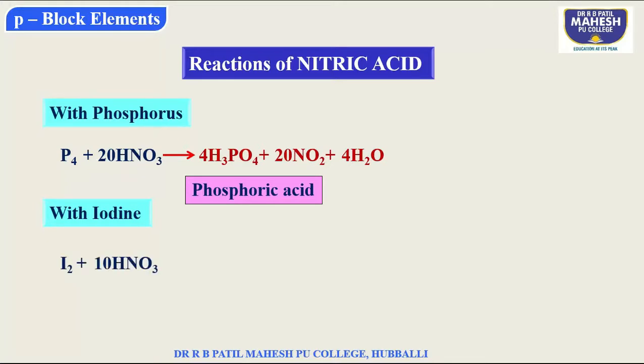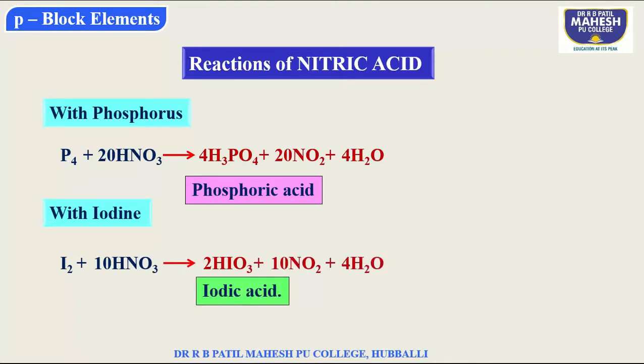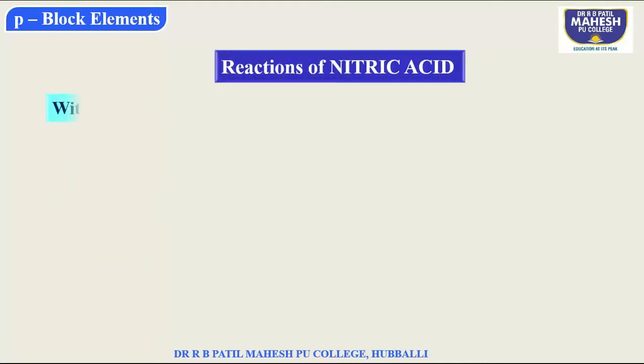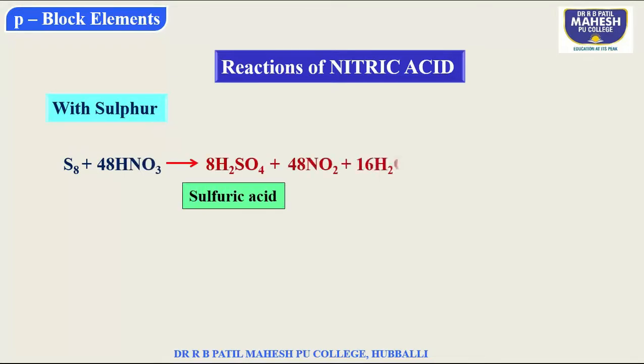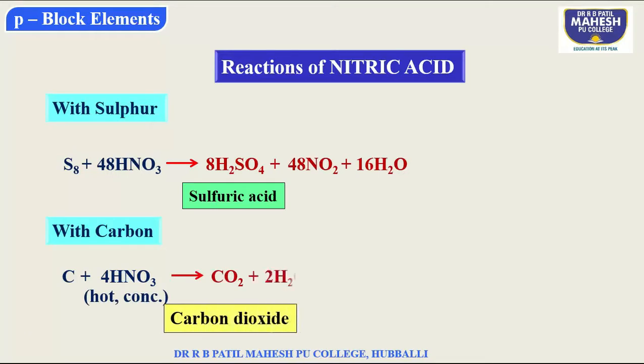When concentrated nitric acid reacts with iodine, we are going to get iodic acid as a product along with nitrogen dioxide and water. Reaction of nitric acid with sulfur. When concentrated nitric acid reacts with sulfur, it forms sulfuric acid as a product along with nitrogen dioxide and water. When nitric acid reacts with carbon, we are going to get carbon dioxide, nitrogen dioxide and water as the product.